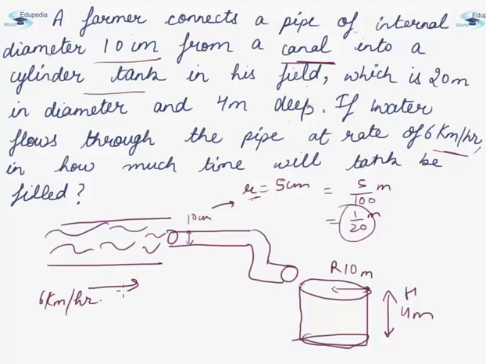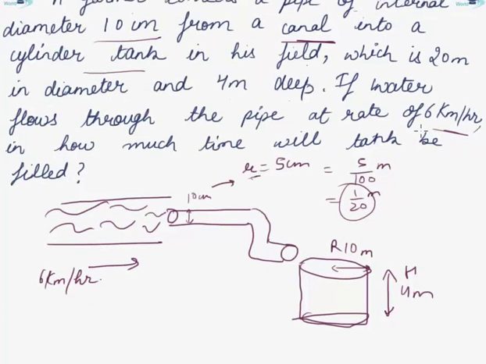how much time will it take for the tank to be fully filled. So from this canal we are transporting this water into this cylindrical tank, and we need this tank to be fully filled.